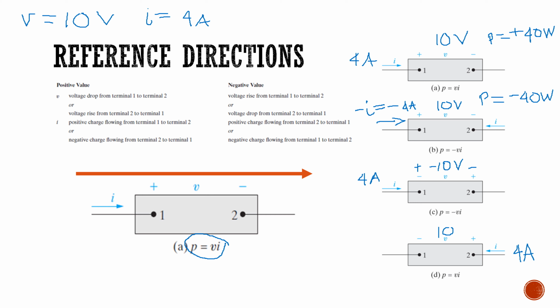In the third example, power is equal to V times I, which is minus 10 times 4, which is minus 40 watts. And in the fourth example, power is equal to V times I, which is 10 times 4, so power is equal to plus 40 watts.